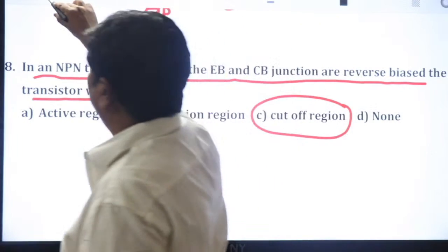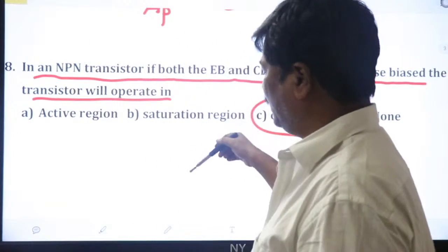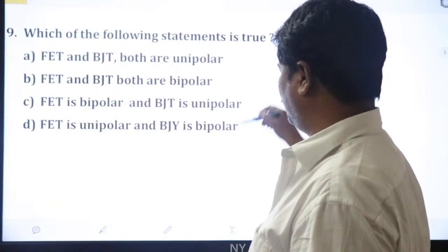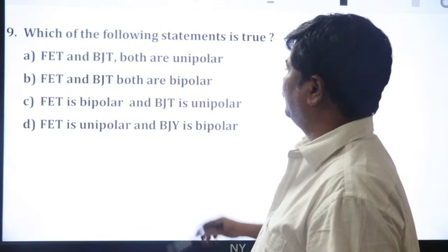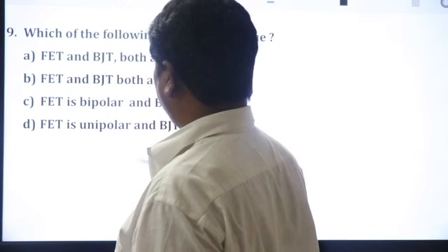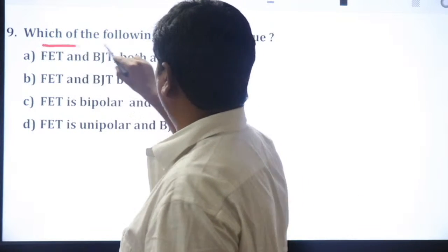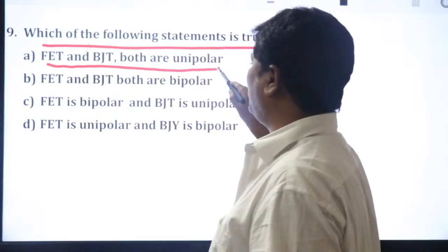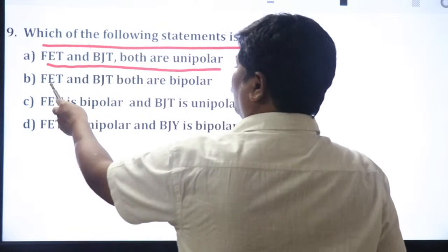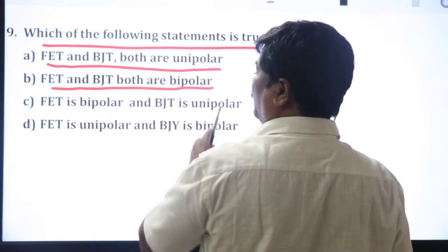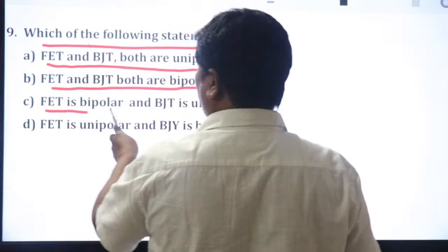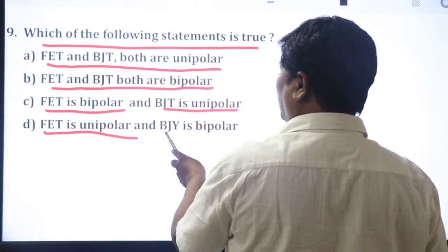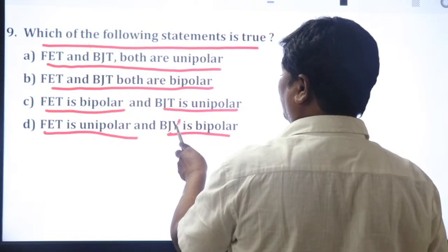Next, I don't want to waste time, we already discussed that question. Which of the following statements is true? FET and BJT both are unipolar. FET and BJT both are bipolar. FET is bipolar, BJT is unipolar. FET is unipolar, BJT is bipolar.